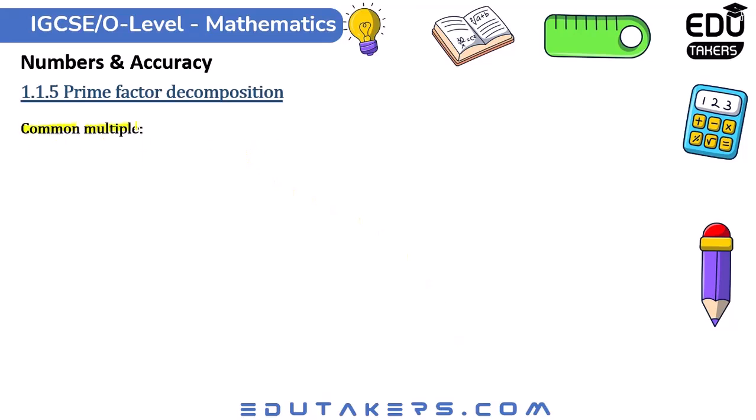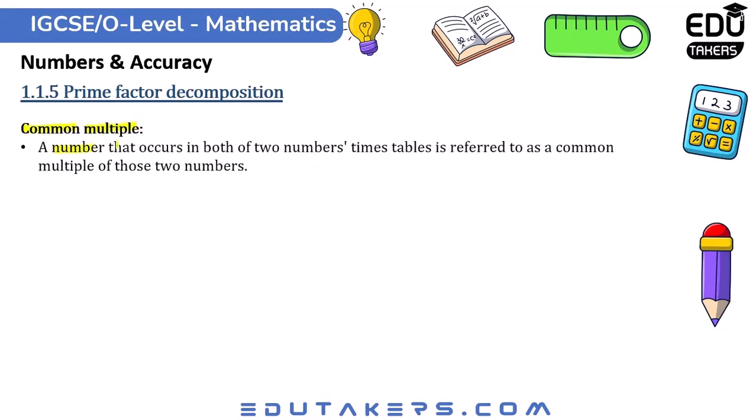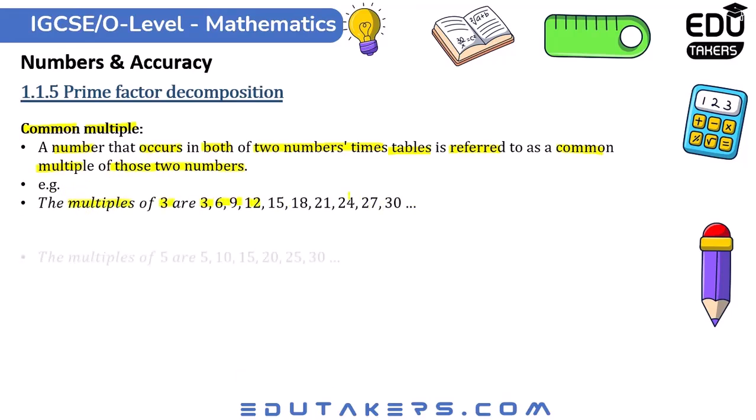Next is common multiple. A number that occurs in both of two numbers' times tables is referred to as a common multiple of those two numbers. For example, the multiples of 3 are 3, 6, 9, 12 and so on.